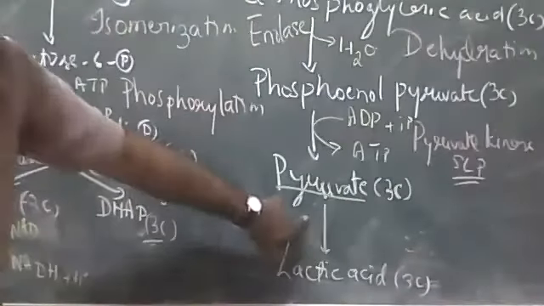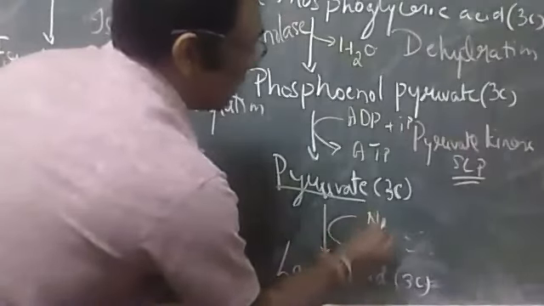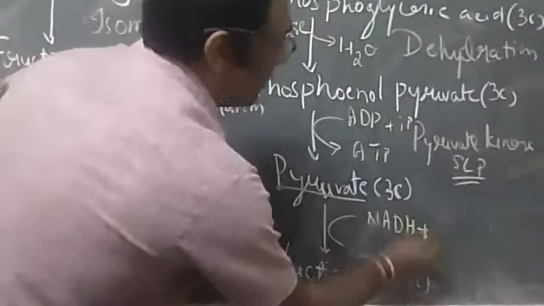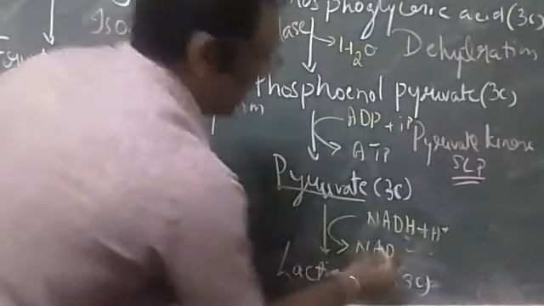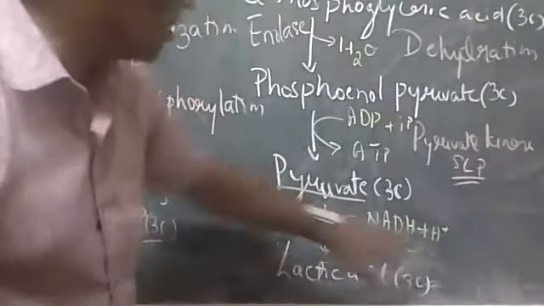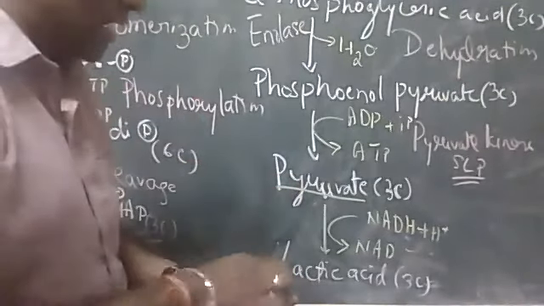How do you know? It uses reduction. It converts NADH2 to NAD. Hydrogen is added to pyruvic acid to become lactic acid.